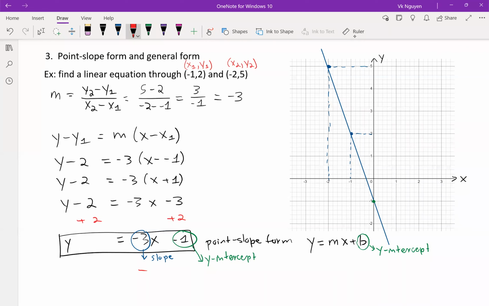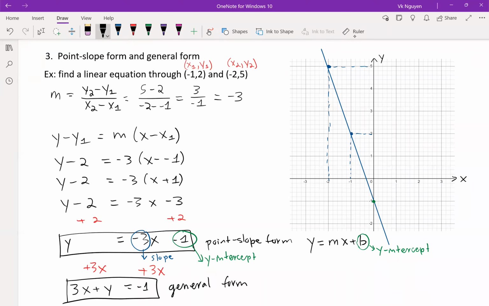We can add 3x on both sides of the point slope form. And we get 3x plus y equal -1. When a linear equation is written in this form, we call it the general form.